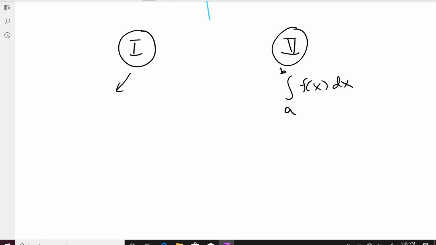If that bad point is either the lower limit or the upper limit, or if it is in between a and b, then it's a type 2 improper integral. But be a little bit careful. Your function may be discontinuous, may behave badly at certain points, but if that point has skipped the bounds of the integral, then your integral is proper, then your integral is totally fine.